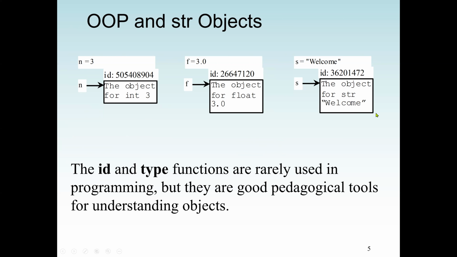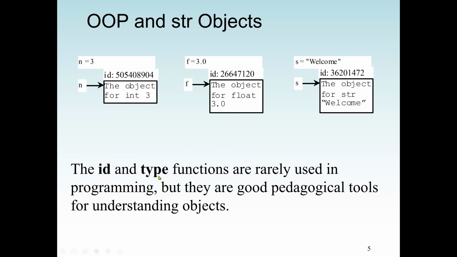So here again, we repeat that ID and type functions are rarely used in programming, but they are good pedagogical tools for understanding objects. But we rarely use them, especially the ID, because normally we don't need a unique number or the identity of the objects.